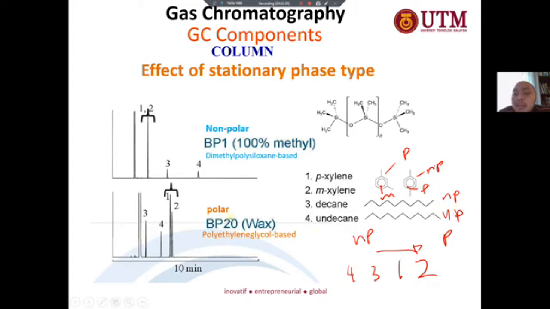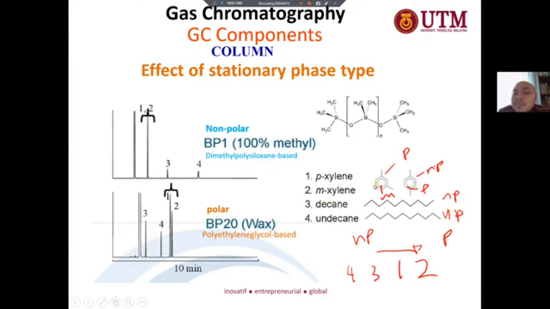The non-polar will not react with the polar, so they will separate based on the volatility. The one that is more volatile will elute earlier. So number 3 will elute earlier, since it has a shorter carbon chain compared to number 4.